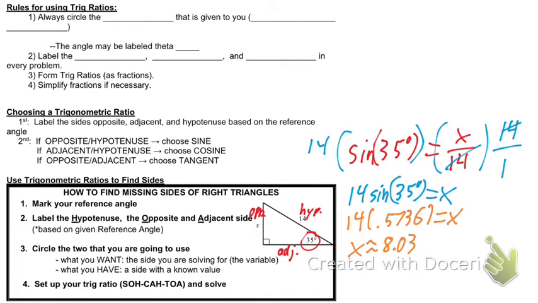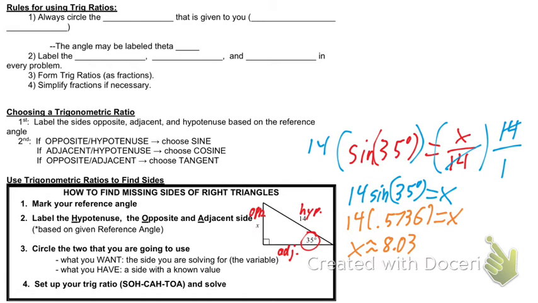Now, for every single right triangle out there, the sine of 35 degrees will always be this ratio. So if you were to take the opposite divided by the hypotenuse, whatever those lengths are, you would always get that, simplifying it down. Every time, as long as this was 35 degrees. If it was a different number, you get a different number. Oh, I see. Okay. Does that make more sense? Yeah, I see.